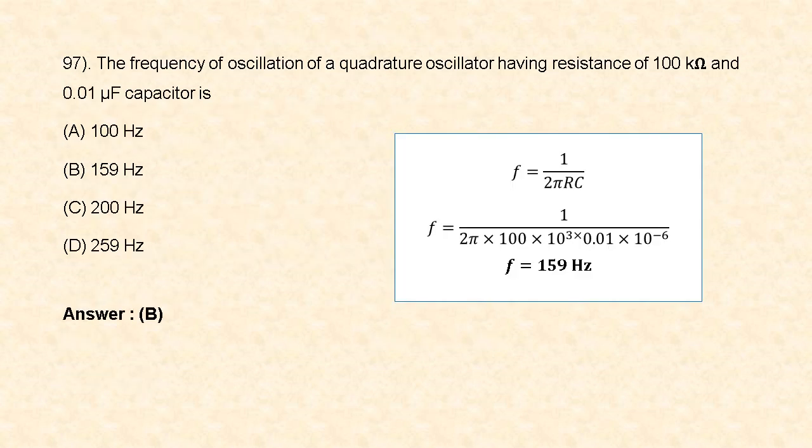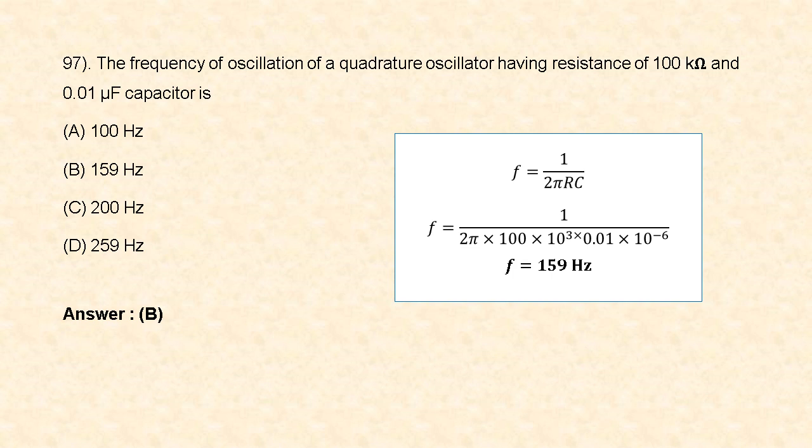Next question. The frequency of oscillation of a quadrature oscillator having resistance of 100 kilo ohm and 0.01 microfarad capacitor is option A 100 Hz, option B 159 Hz, option C 200 Hz, option D 259 Hz.